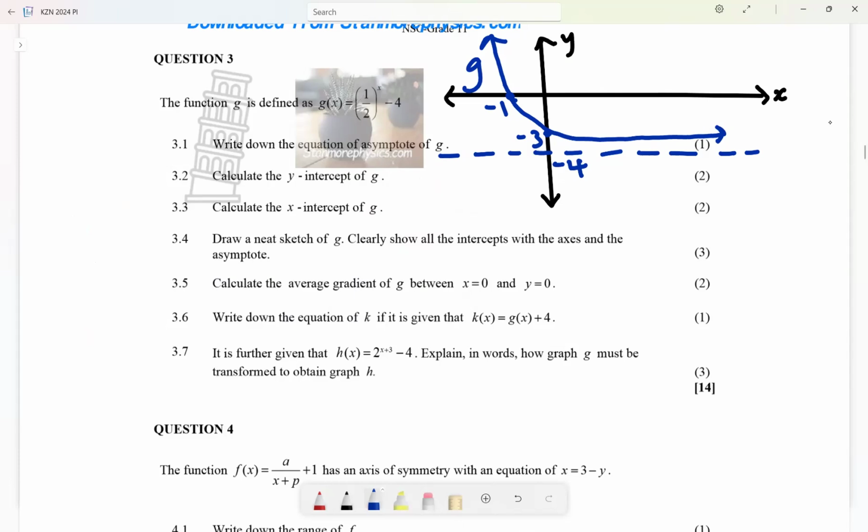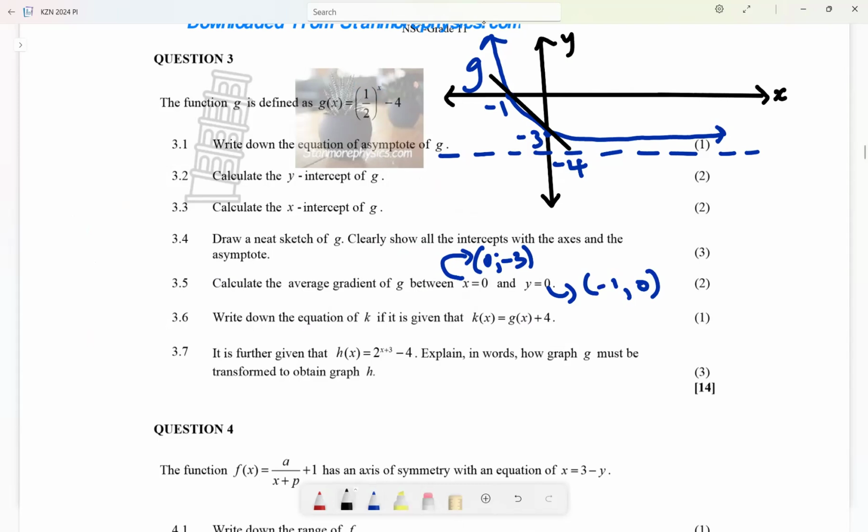When x is equal to 0, do you all agree with me that when we substituted x is equal to 0, we got negative 3? So at x is equal to 0, we have a point 0 and negative 3. At y is equal to 0, we got the point negative 1 and 0.